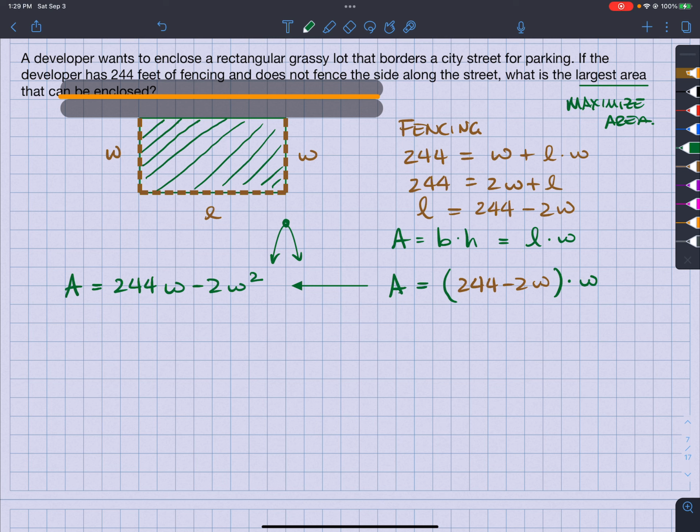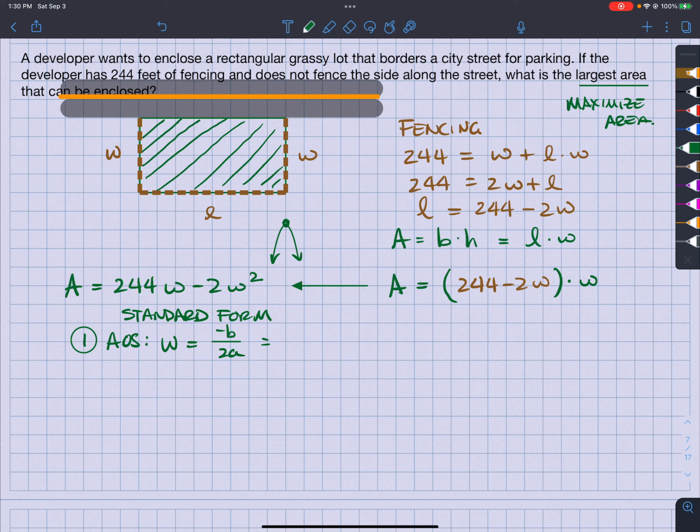To find that vertex, I want to first find the axis of symmetry, because this is in standard form. In this case, using W, W is equal to negative B over 2A.